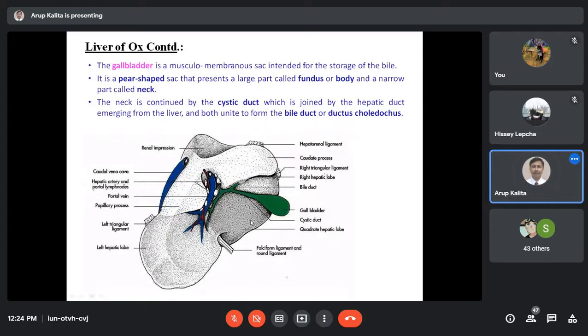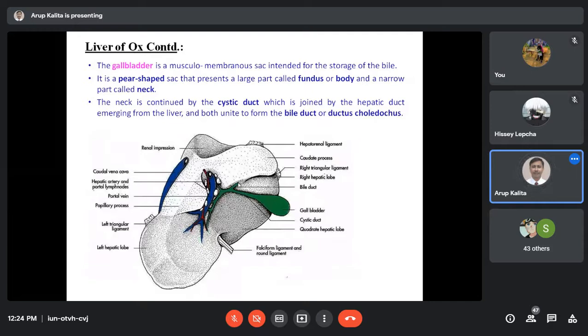You see, this one is the cystic duct. The cystic duct comes from the gallbladder, and the hepatic duct comes from the liver, joining to form a common duct called the common bile duct or bile duct.